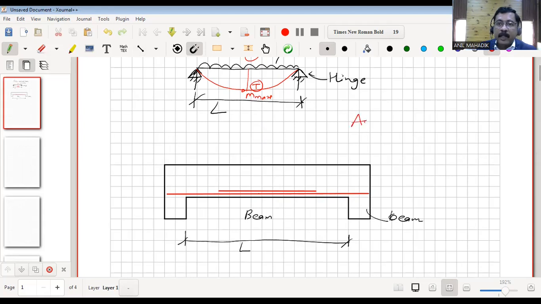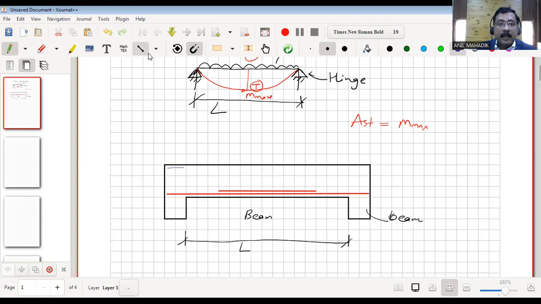So we will calculate the AST depending on Mmax by the analysis formula. So this will be the steel at the bottom. And you know that there is compression at the top of the beam, but we need to provide steel at the top just to hold the stirrups. It is not designed steel.